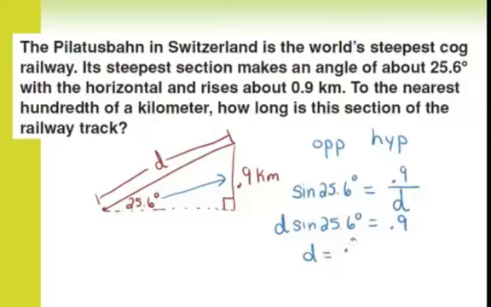D is equal to 0.9 divided by the sine of 25.6 degrees. Remember, that's just a number. I'm doing it on my calculator now. 0.9 divided by the sine of 25.6. And I get that that stretch of track is approximately, it says how long to the nearest hundredth of a kilometer, so 2.08 kilometers. Approximately 2.08 kilometers long.